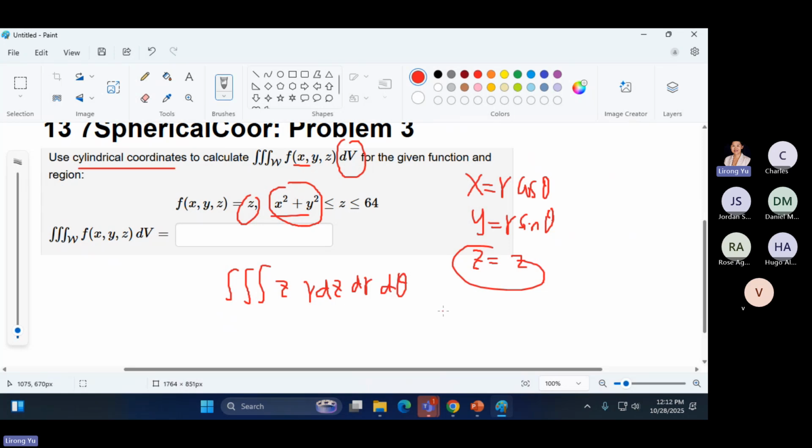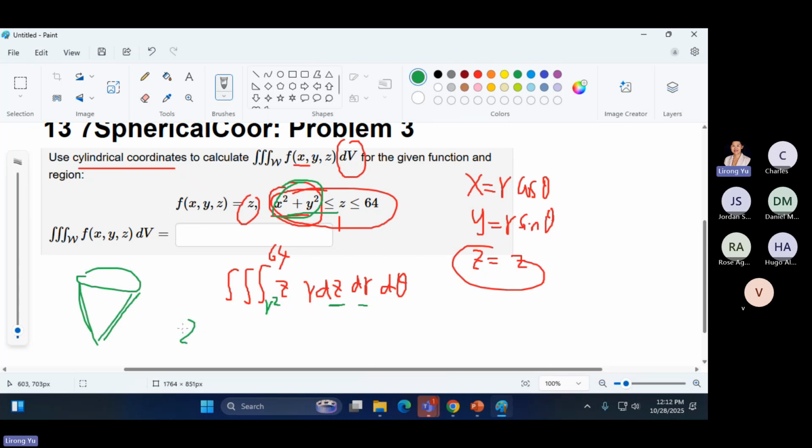The rest is the integration limits. This is already a natural boundary for the integration limit, and we had the upper value of 64. The lower value is this, so we have to change the variable: x squared plus y squared equal to r squared. So that's the integration limit for dz. For r, I believe it's a full circle.